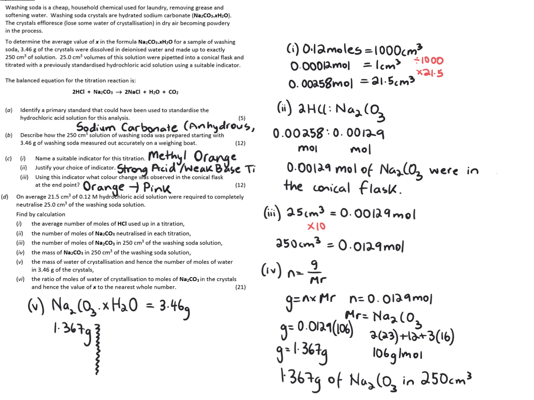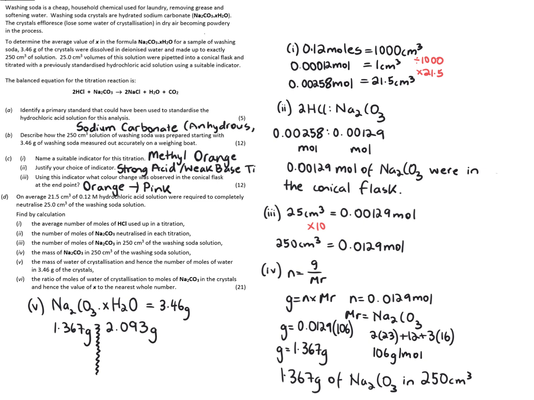And if we go 3.46 and we take away 1.367 grams, that will give us the grams of water, which is 2.093 grams.